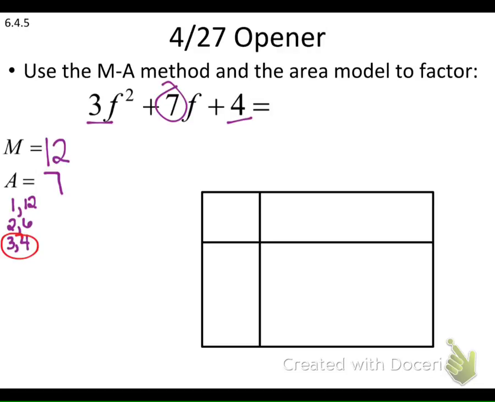Now I have all of my areas for my rectangles in my model. So if we remember from yesterday or the day before, whenever we did these, my f squared is going to go in this top left box. So 3f squared. My number that does not have a variable attached to it is going to go in this bottom right box.